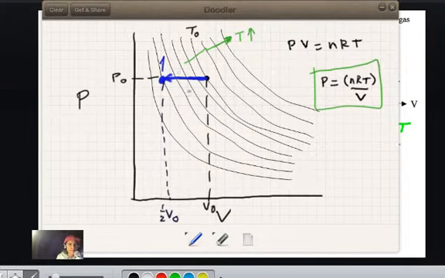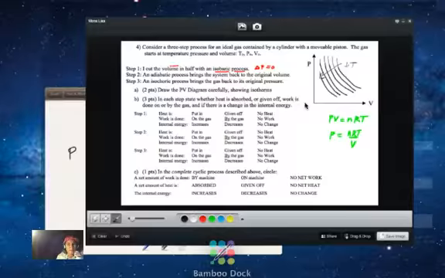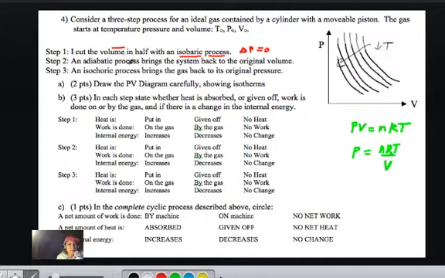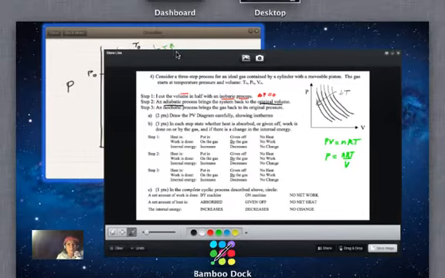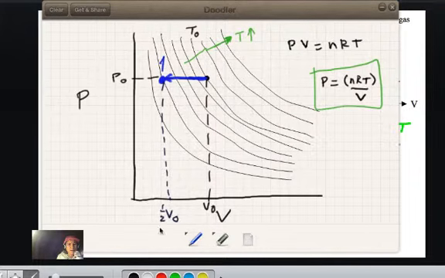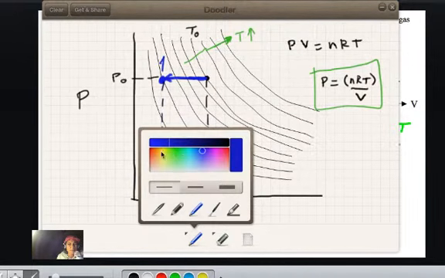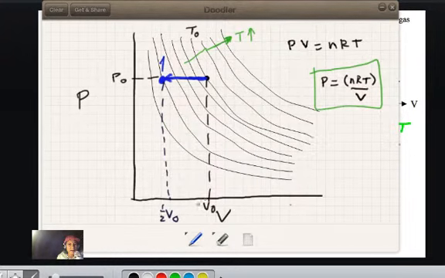Step two is that we use an adiabatic process, to bring the system back to the original volume. I'm going to change the color here. So original volume, we're going to go back to this volume. Adiabatic means that the heat transfer is 0.